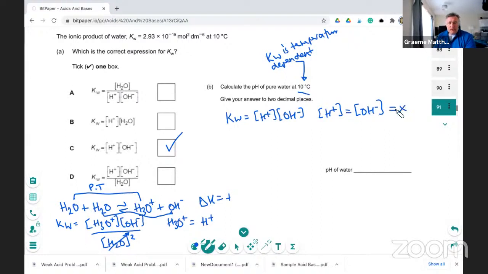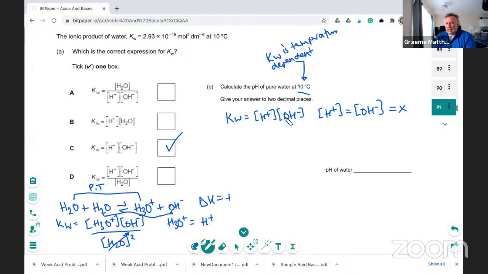In some of the mark schemes I've seen, they say Kw is H plus squared because the H plus concentration is equal to the hydroxide concentration.